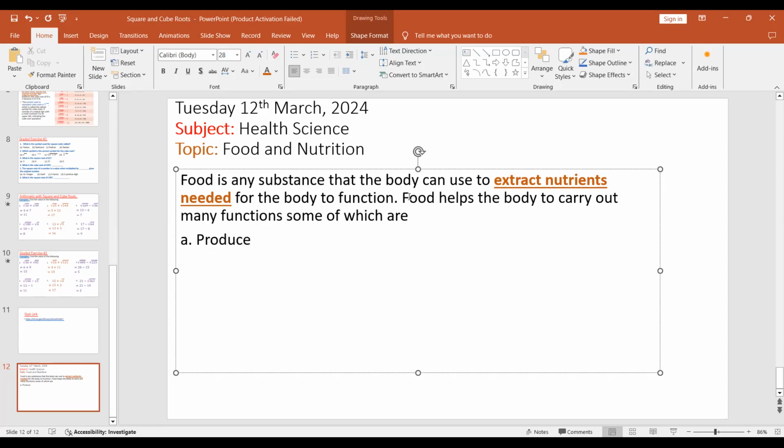Talk about that. We need food to help us build and repair cells. We need food to help us.